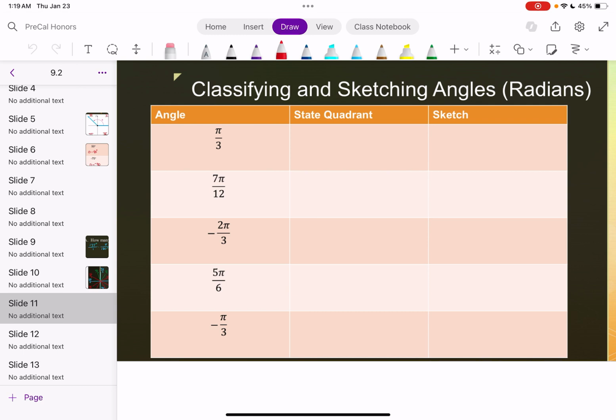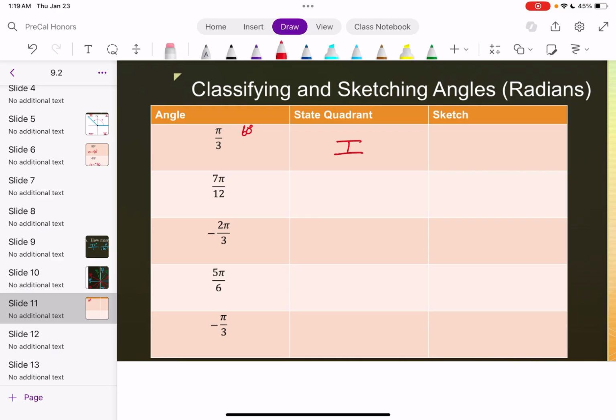Keep in mind, if you're working with a denominator of 3, the only family it could belong to would be the 60-degree family. So in this case, pi over 3 would be the same as pi being 180 divided by 3, which is 60. In this case, it's going to stay in quadrant 1.